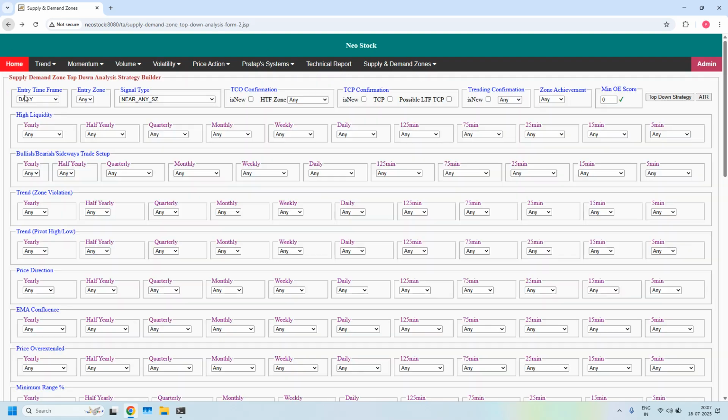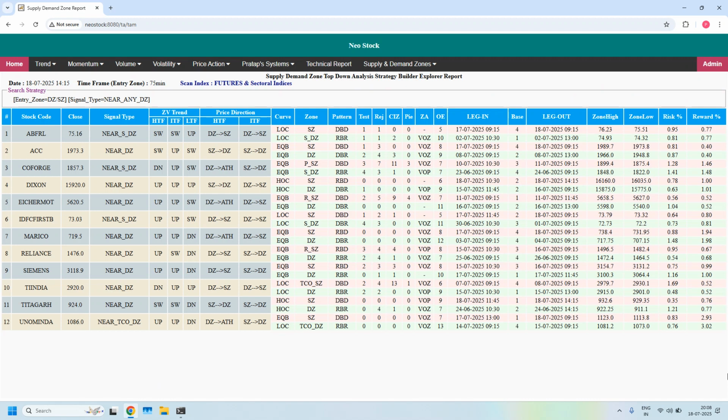Next time frame is 75 minutes. Stocks near to the 75 minutes demand zone. We got 12 stocks. Let us identify 75 minutes high liquidity demand zones from this list. ABFRL is having a 75 minutes high liquidity demand zone.